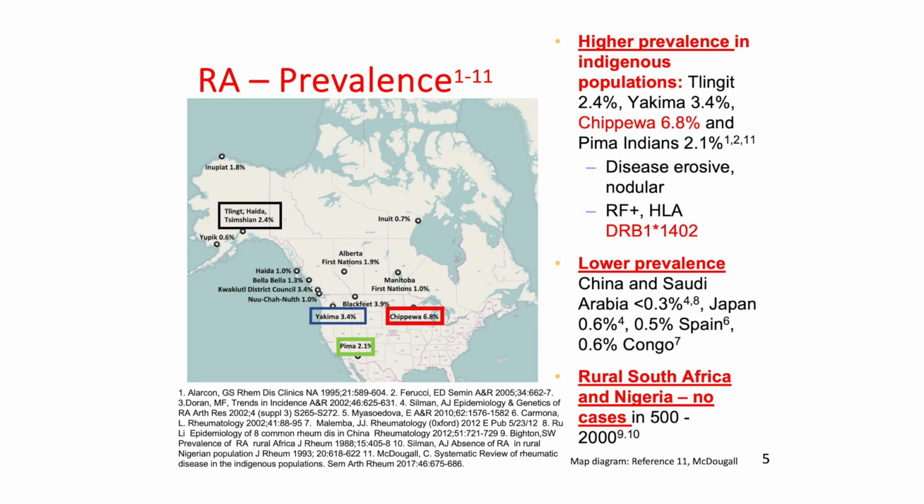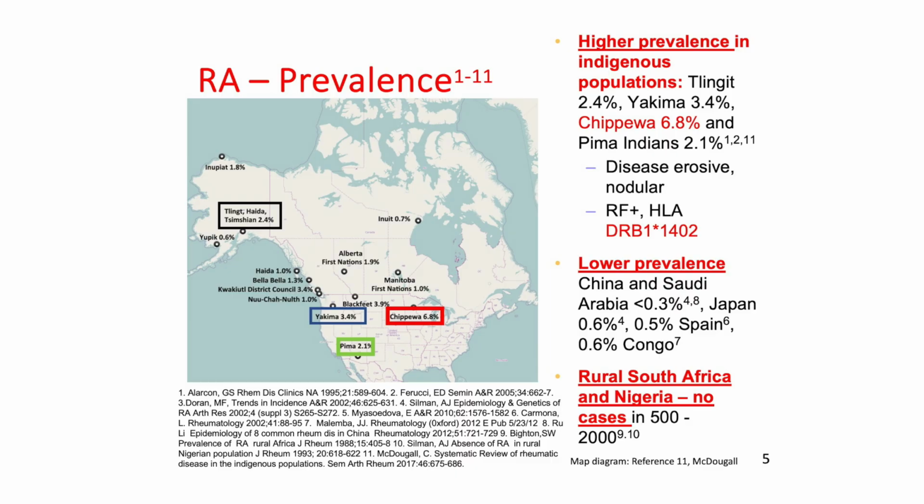Now, what about the prevalence of rheumatoid arthritis throughout the United States, throughout the world? This is a lot of information on this slide, but I can make it very easy for you. So let's start out with the fact that in the indigenous populations, the Native American populations of the United States and Canada and Mexico and Central America, there's a higher prevalence of rheumatoid arthritis.